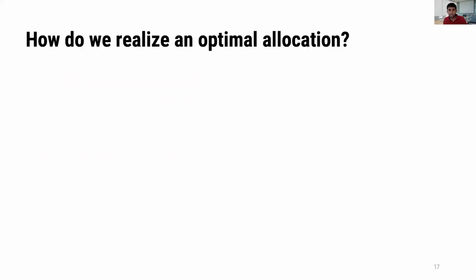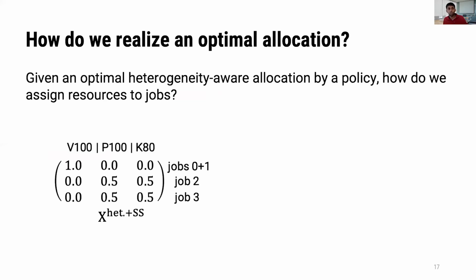Given these optimal allocations, there's still this big picture question of how to go from these matrices of time fractions to actual scheduling decisions. Concretely, given this matrix of numbers, how should I allocate resources to jobs 0 through 3?